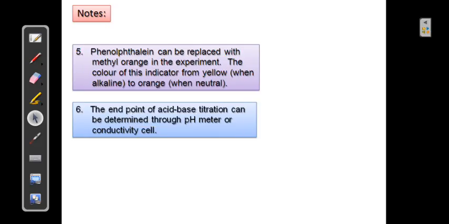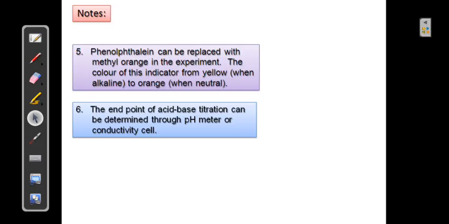So the endpoint of acid-base titration can be determined through a pH meter or conductivity cell. There is another way you can determine the endpoint. Either you use a pH meter or use a conductivity cell, meaning when electricity stops flowing, the titration is complete, no more ions.